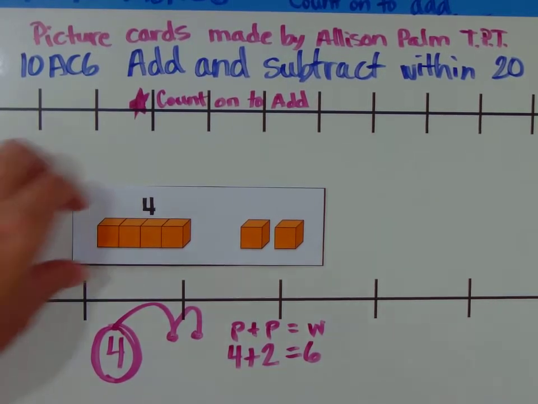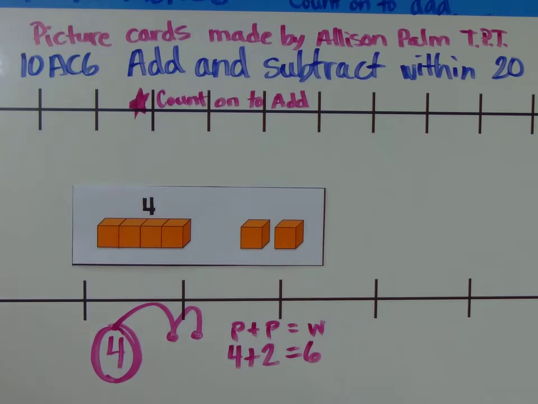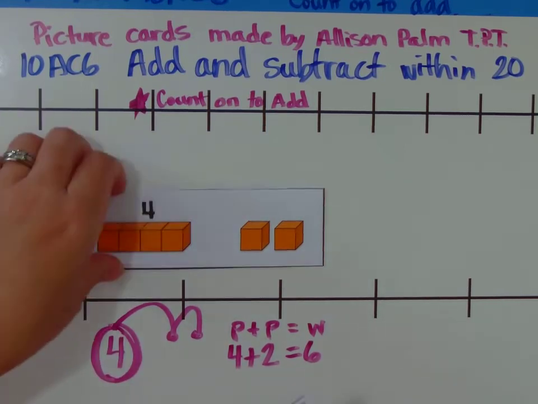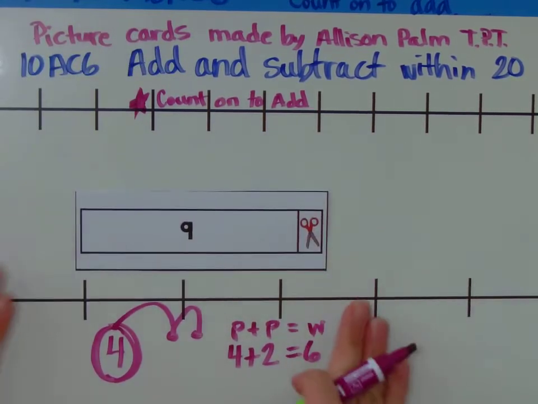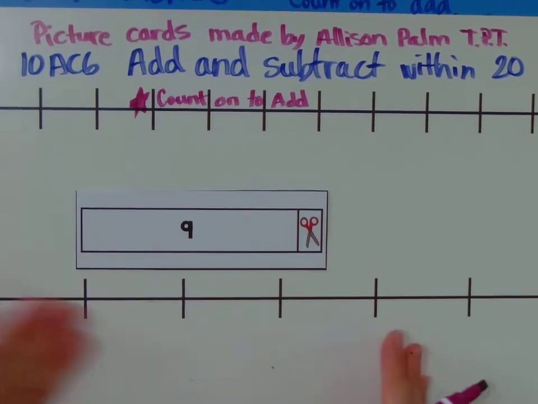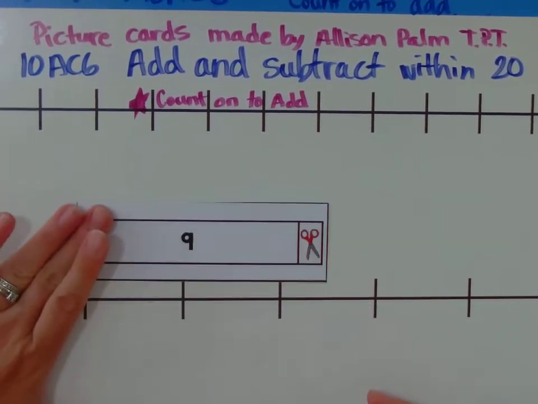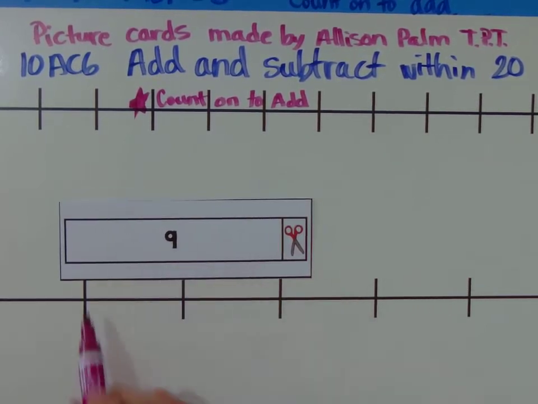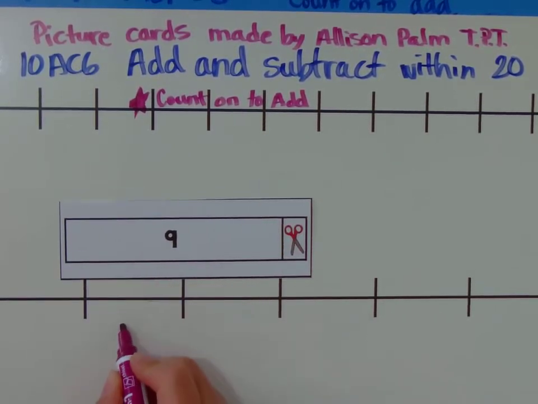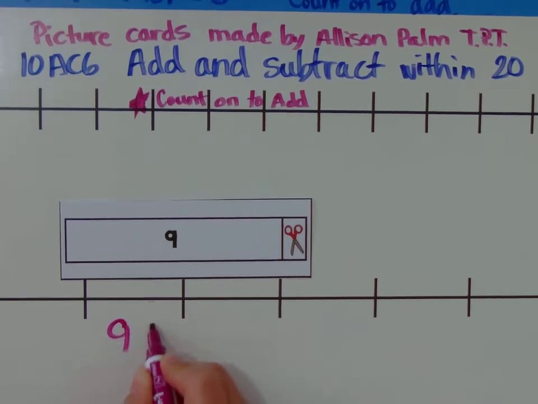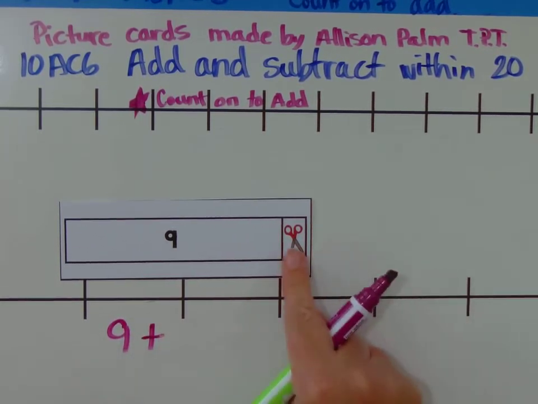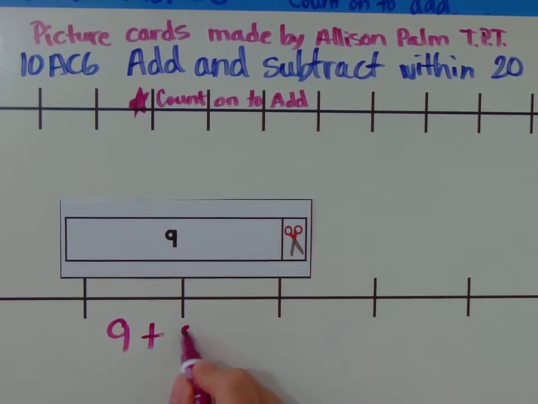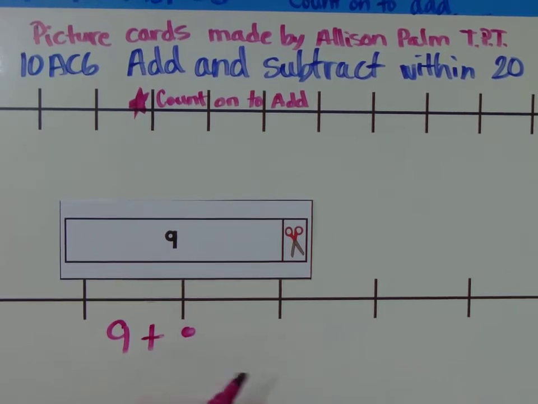The next number that we are going to count on to add is the number 9. We have 9 scissors. This time we don't have a picture of 9 of them, but we have 9 and we are going to add 1 more. 9 and 1 more.